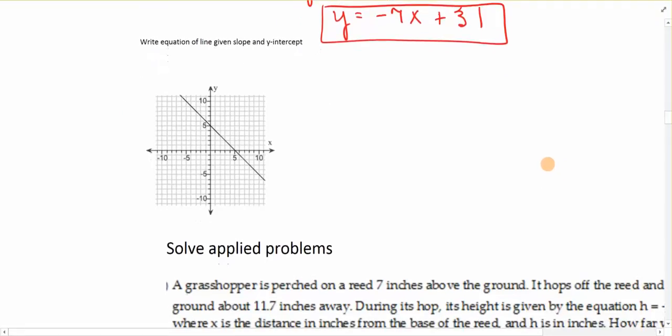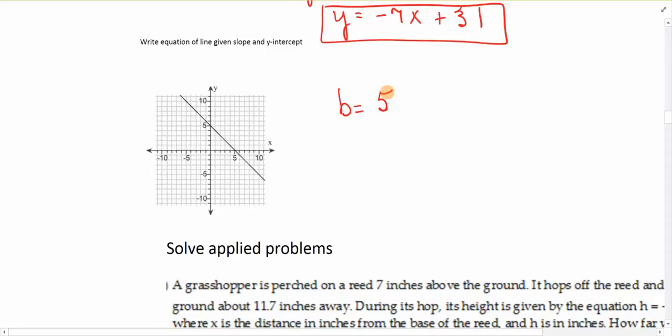Okay, this one, write the equation of a line given the slope and the y-intercept. Now you're given this in a picture, not in an equation. So where's my y-intercept in this picture? My b, my y-intercept would be 5.